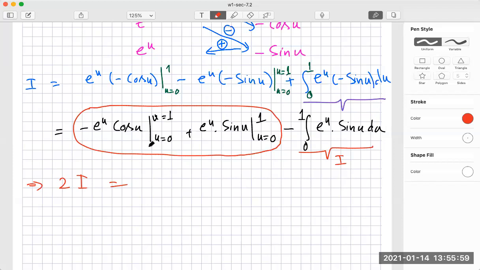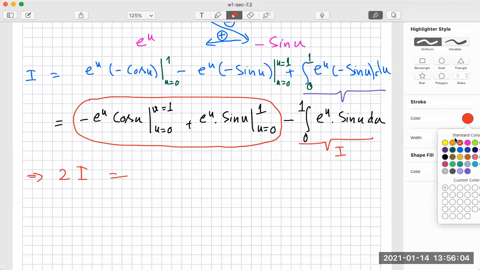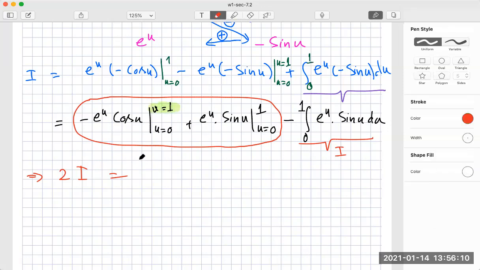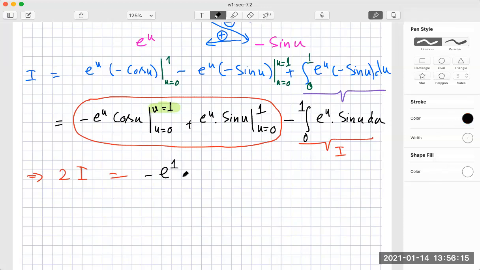Let us evaluate this. We evaluate the upper limit here, very good. Minus the lower limit of this whole thing here. Minus of minus. Very good. Be careful with the negative sign. It's very dangerous. Tricky a little bit.